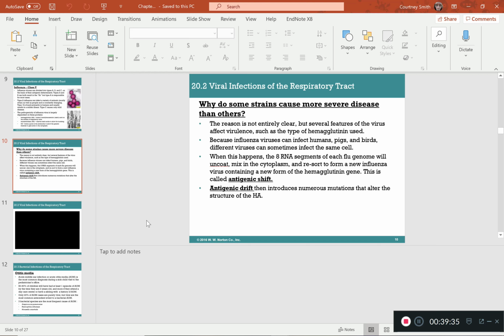Whenever we have shifting occurring, that's whenever we have epidemic and pandemic risk. Whereas with drift, not so much, because it's only slightly changing and our body can, for the most part, adjust to slight changes. Whereas the shift, if it's completely new, our body has never seen it, and it's extremely contagious, then that is where it can go to epidemic and pandemic proportions.